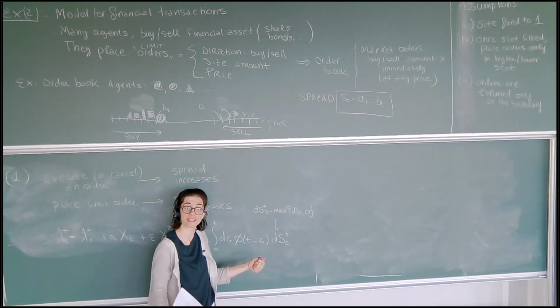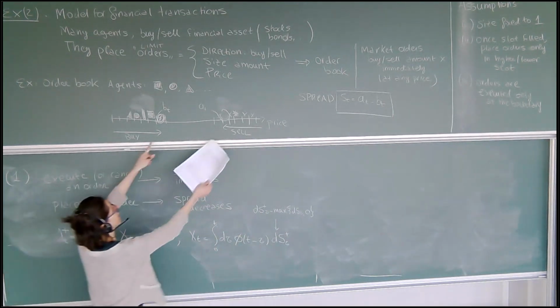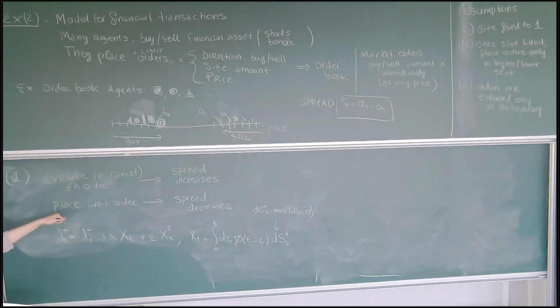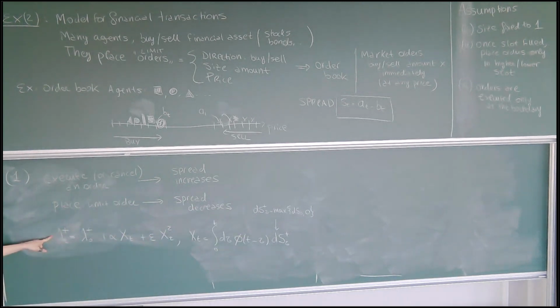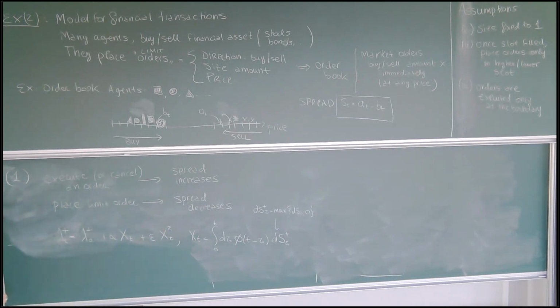So if somebody wants to execute an order and therefore increases this difference in here, whenever this effect occurs, this will influence the total rate of your plus, spread increasing events. But if you have an event that decreases the spread, so if somebody places a limit order, then this has no effect on this kernel.